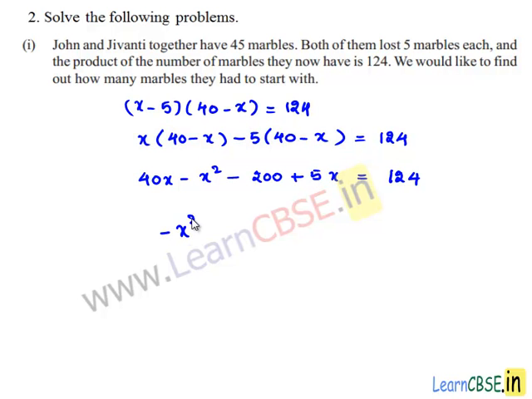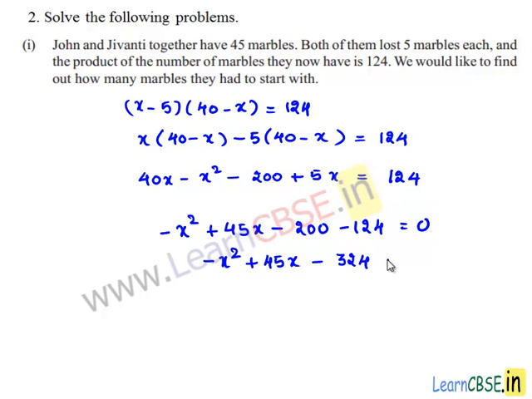Minus x square plus 45x minus 200, and 124 can be transposed to LHS and this becomes minus 124 is equal to 0. Minus x square plus 45x minus 324 is equal to 0.